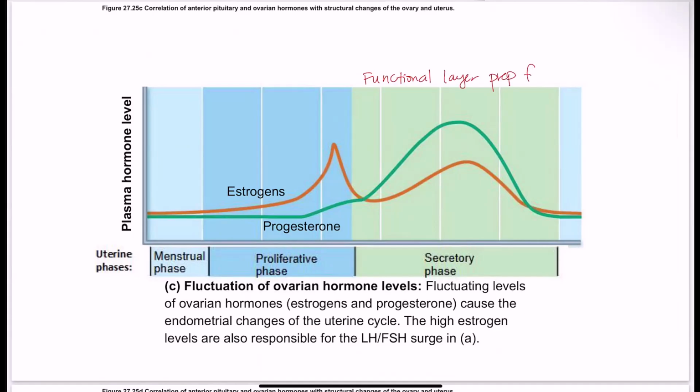If implantation doesn't occur, then that progesterone level will start to fall. If progesterone levels fall as a result of the loss of the corpus luteum, then that functional layer starts to be lost, and the menstrual phase will begin again.